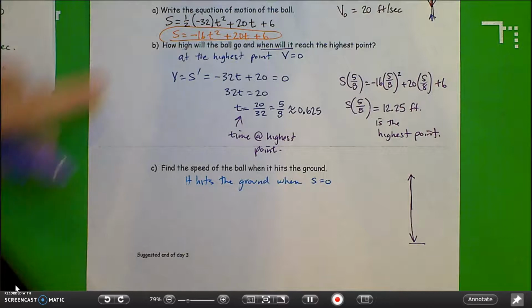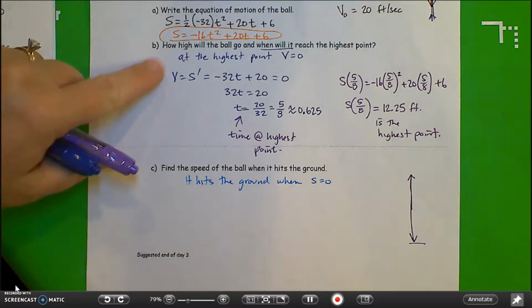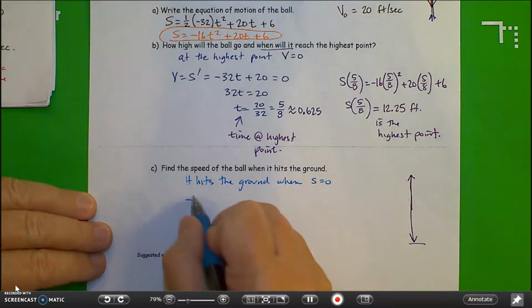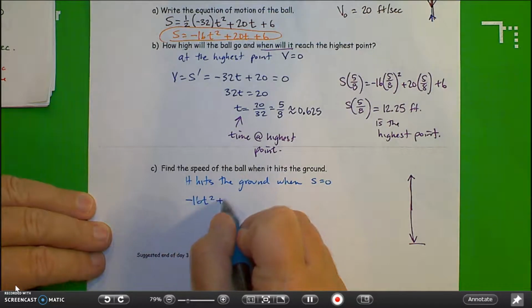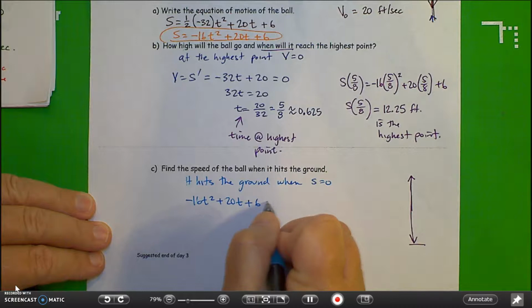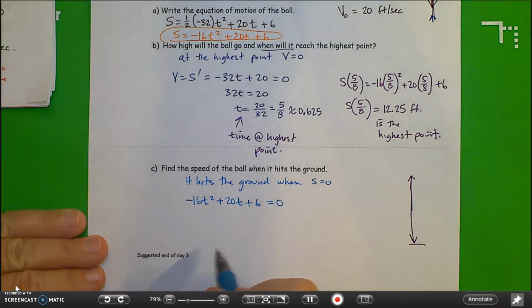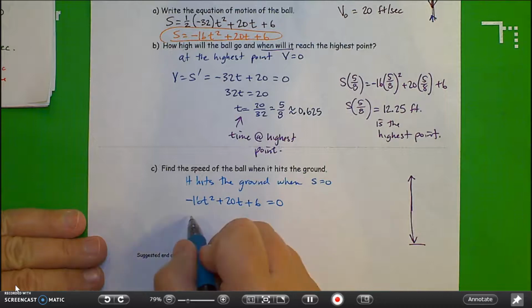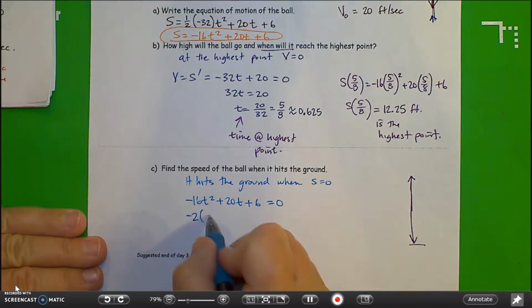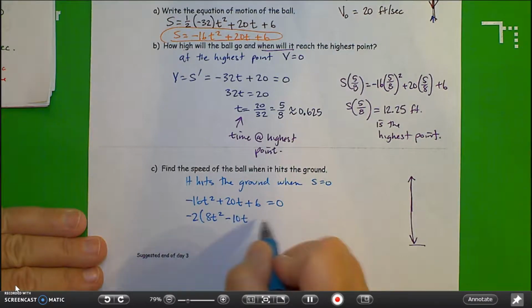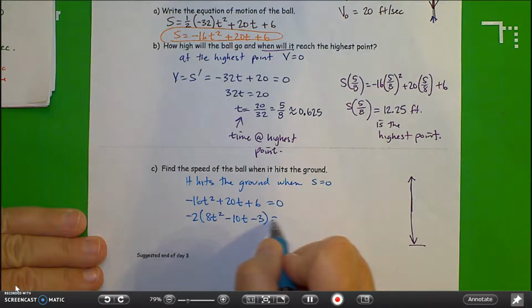So we'll use our original position function right there, set it equal to 0. So negative 16t squared plus 20t plus 6 has to equal 0. Let's see, I think this factors, I'm going to factor out a 2, actually a negative 2. That'll clean it up a little bit. It gives me 8t squared minus 10t minus 3 equals 0.